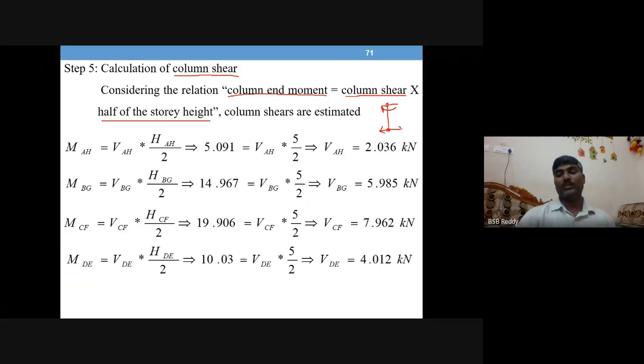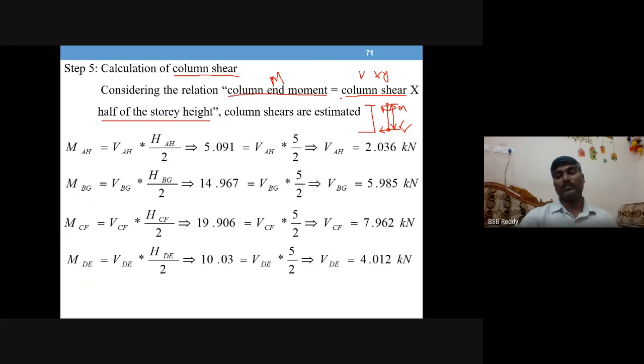This moment is because of this force, so this height is nothing but half of the height, because this is the midpoint. Half of this height multiplied by this force will give you this moment. That is what is written here: M is equal to force into distance, something like y.